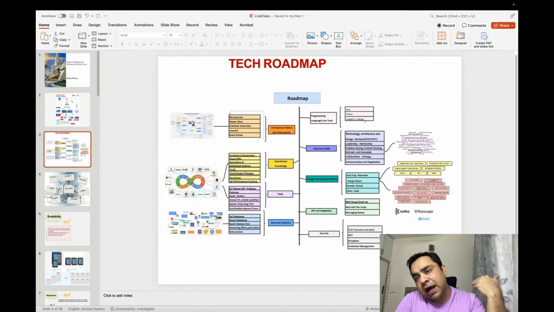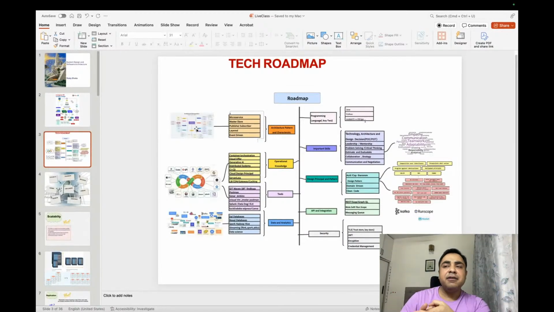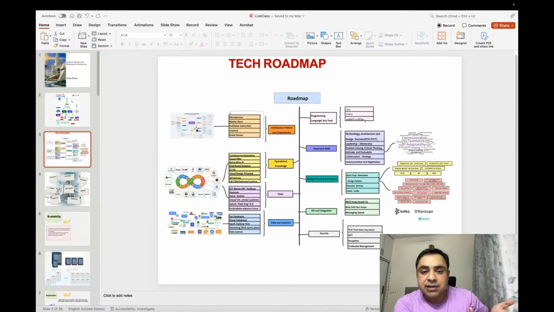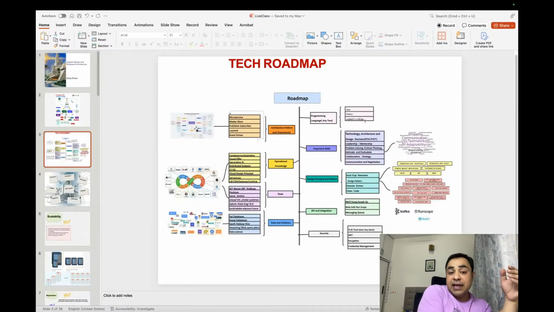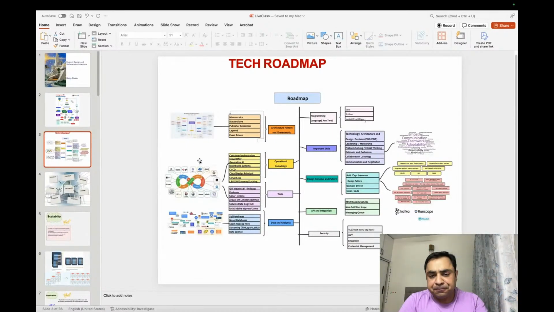And then we talk about architecture characteristics. From architecture characteristics, security comes into the picture, consistency comes into the picture, whether you need strong consistency or eventual consistency, scalability comes into the picture, and other things. So these are related to architecture.